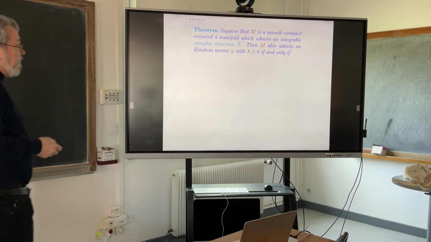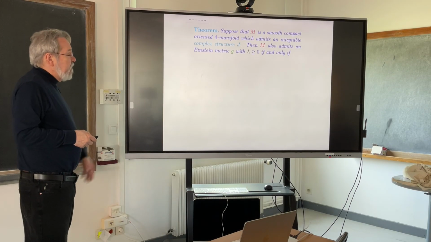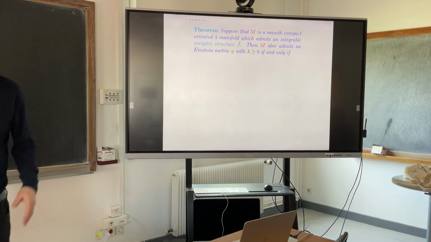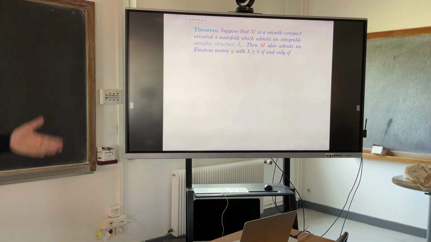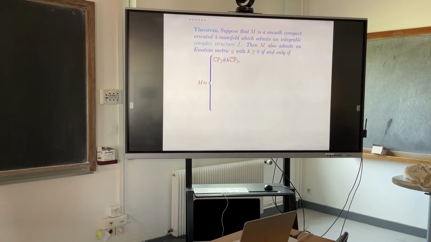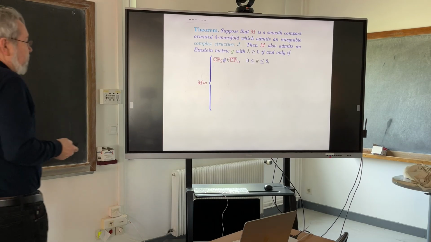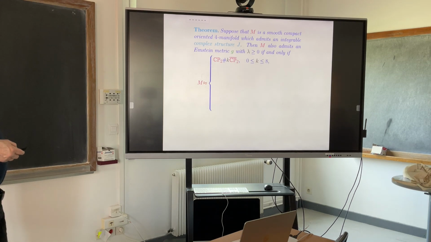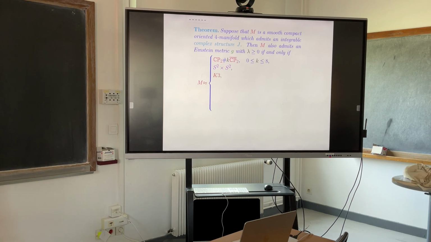If we require the Einstein constant to be greater than or equal to 0, the only assumption is that our smooth four-manifold is the underlying manifold of a complex surface. You have an Einstein metric on it, assume that lambda is positive, then you have a complete list of diffeotypes: CP2 blown up at K points, 0 to 8, S2 times S2.